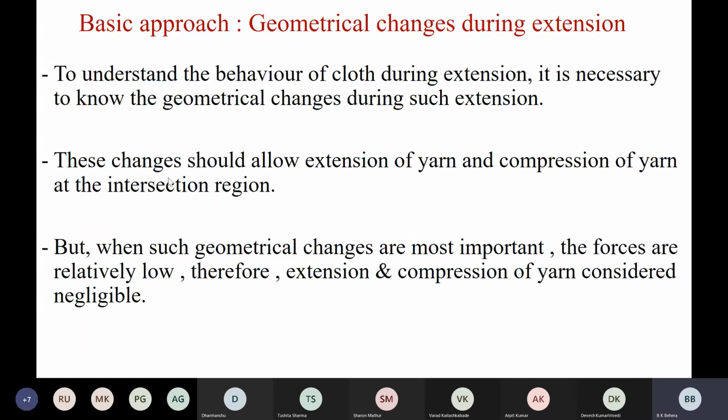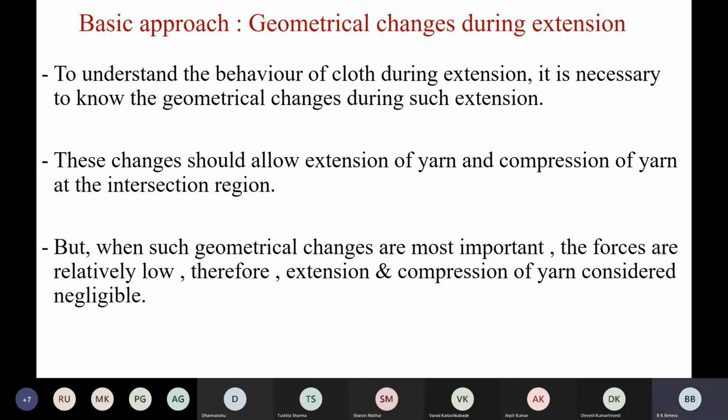Second, these changes should allow extension of yarn and compression of yarn at the intersection region. So you might be wondering where this compression comes from. We are extending. We have applied tensile load. Fabric should be extended. Then why is the yarn compressed? Which also you have seen.